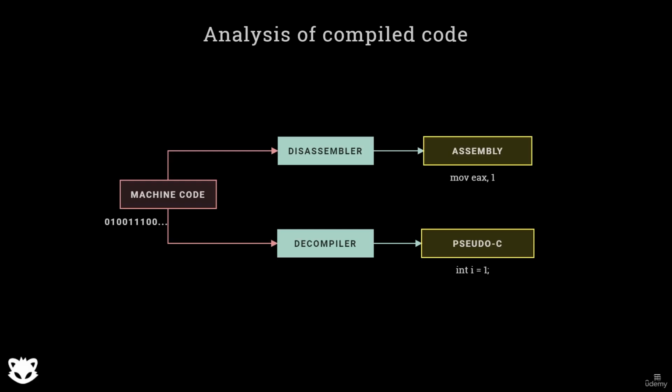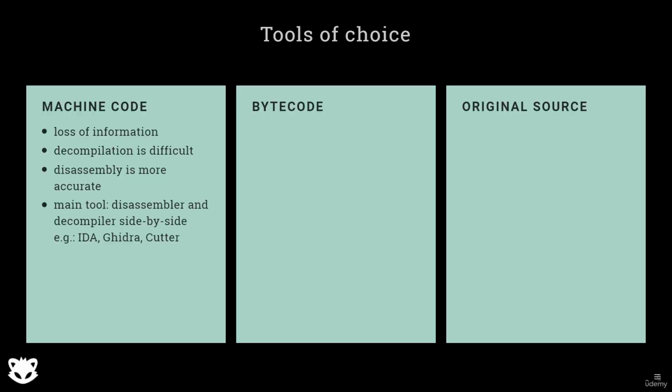By moving that side by side, you can check the assembly if the pseudo code does not look like it's supposed to, and the pseudo code, on the other hand, is easier to understand if it is correct.